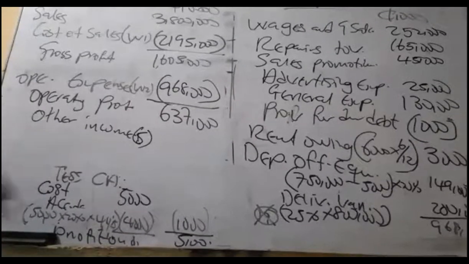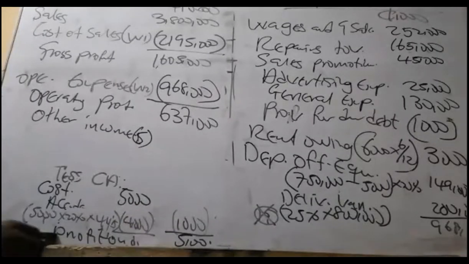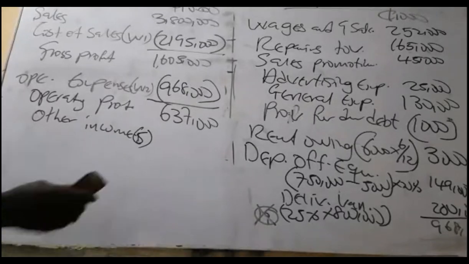Now, other income, usually don't forget this 500, so I'll write that one first. The profit on disposal 500. So profit on disposal 500. Let me do that one here.